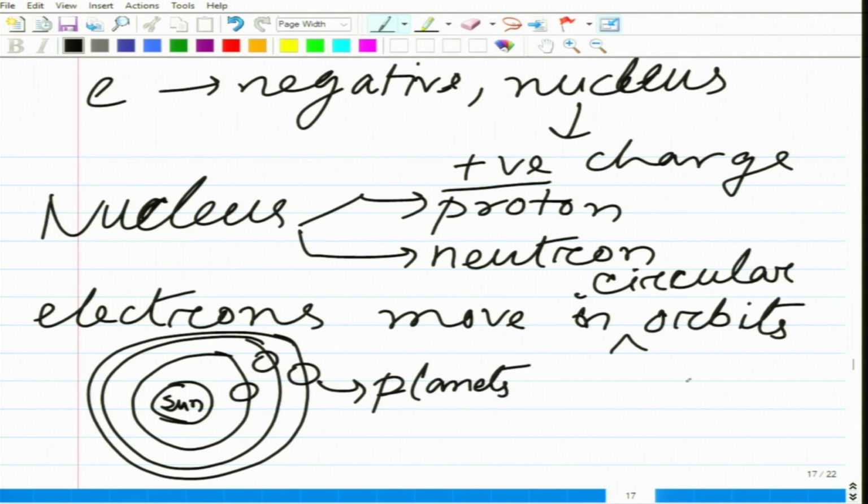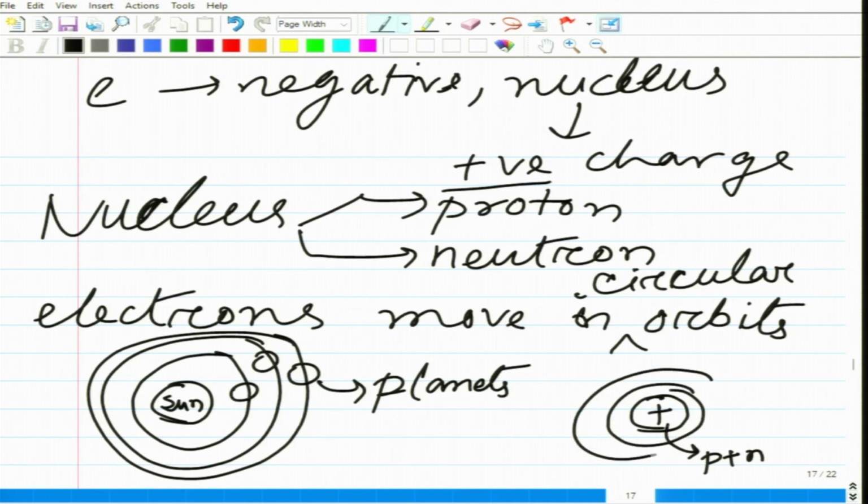In Rutherford's atomic model also, the atom had a positively charged nucleus which contained protons and neutrons, and the electrons moved in circular orbits. So, this was the nuclear model of Rutherford.